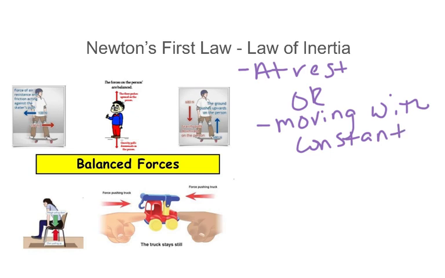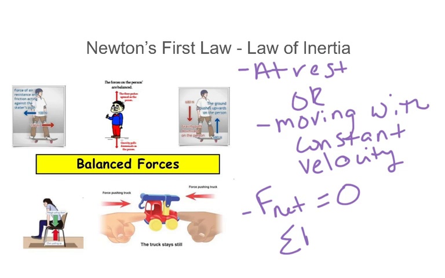So not all objects with balanced forces on them are at rest. They could be moving with constant velocity. This also means our net force or our sum of the forces must equal 0. So whatever forces we have acting on it must add up to 0.